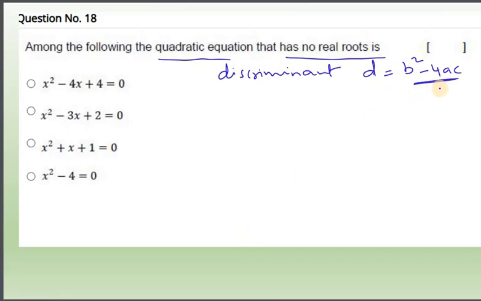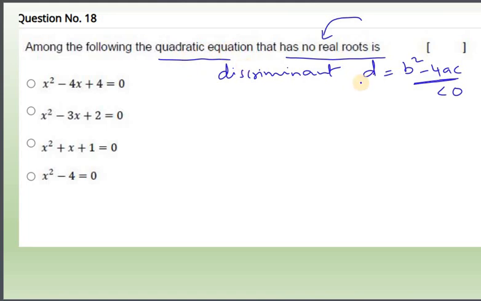If b square minus 4ac is less than 0, then you will get no real roots. If b square minus 4ac is equal to 0, 2 equal roots. If b square minus 4ac is greater than 0, then 2 different roots and not the same roots. So these three are very important. You will get a question compulsorily in the exam.